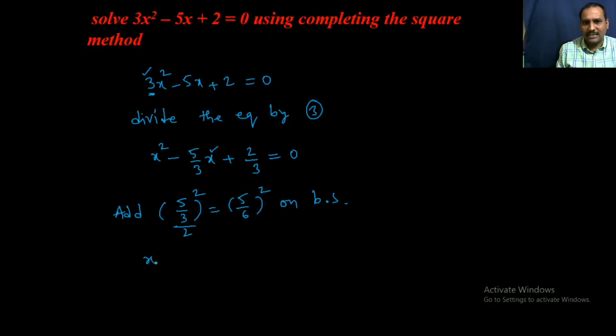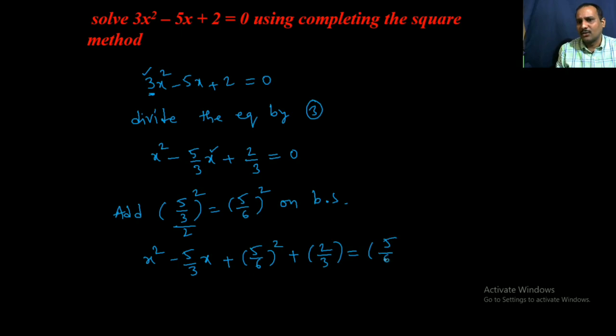So that is x square minus 5 by 3x plus 5 by 6 whole square plus 2 by 3, and on the right side also I am adding 5 by 6 whole square. Now this part will become x minus 5 by 6 whole square is equal to, what is this 5 by 6 whole square?